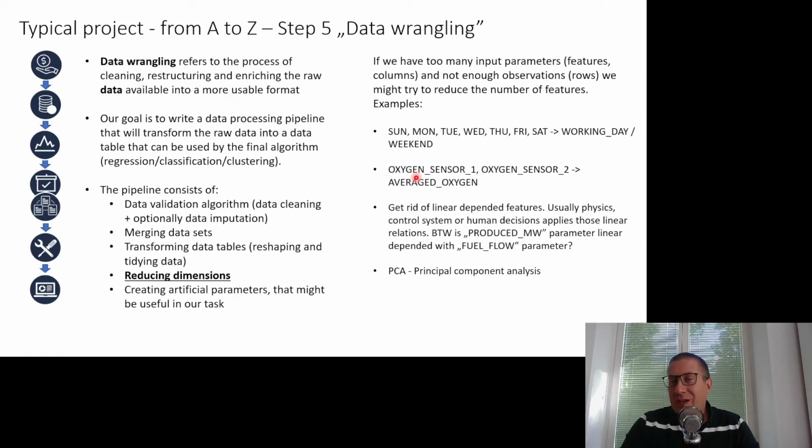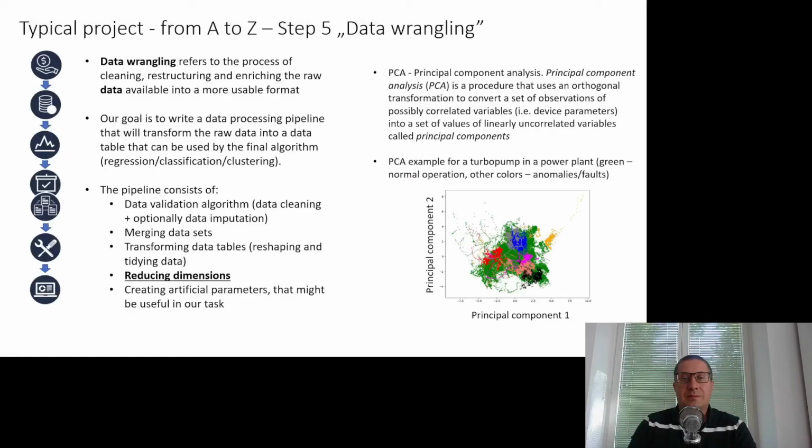And if we have really a lot of data and we have no expert knowledge what to do with this, we can try to use, for instance, the principal component analysis.